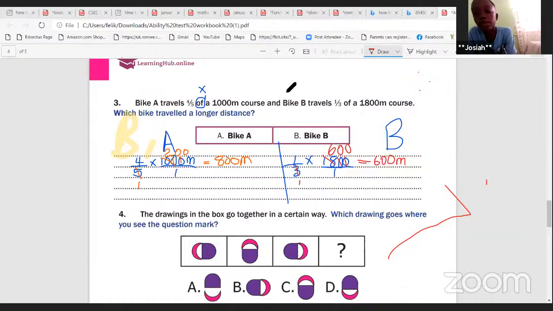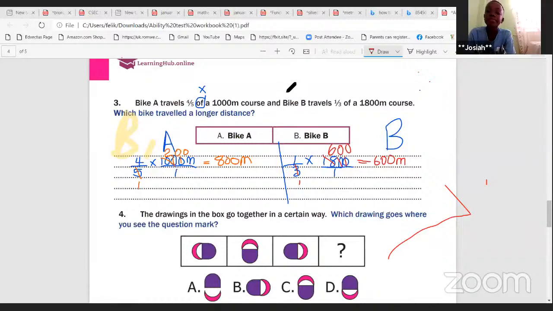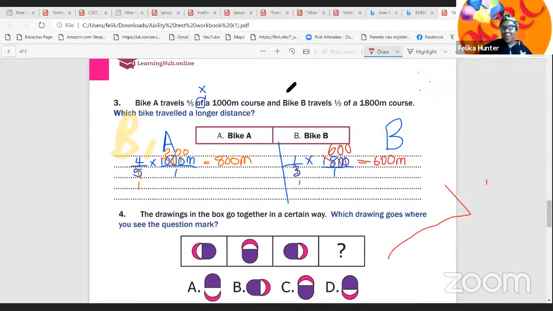Bike A travels 800 meters, which is 200 meters longer than bike B. Awesome. All right, thank you, Josiah. Well done. And thanks again, Elia, for reading.